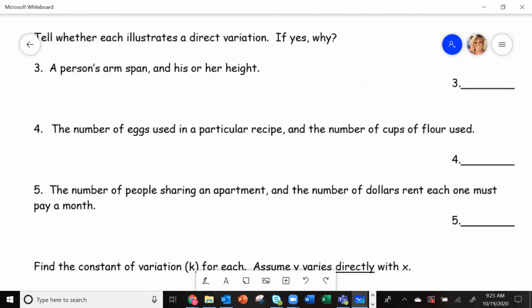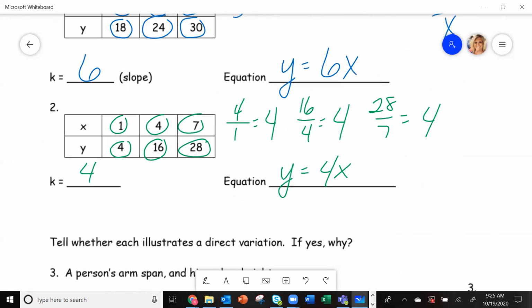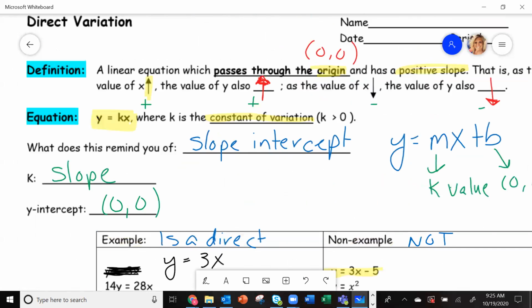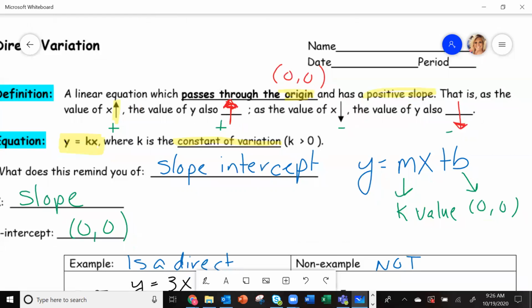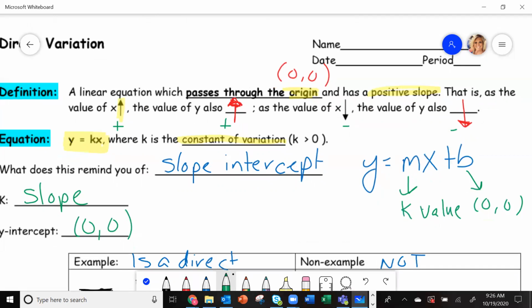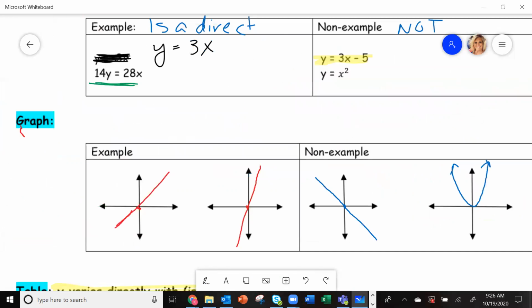If I go back to the very beginning of our notes, in the definition, it says that when X increases, Y has to increase. When X decreases, Y has to decrease. Okay, so given that information, let's look at these word problems and figure out if they would even be a direct variation.